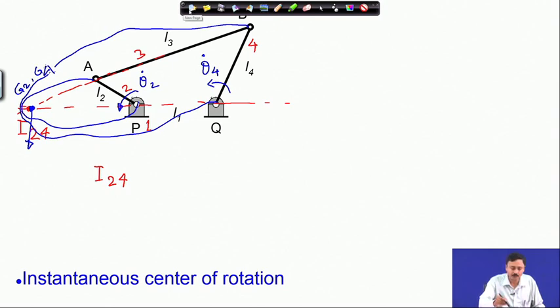Now, let us see how this information is used to find the relation between theta 2 dot and theta 4 dot.